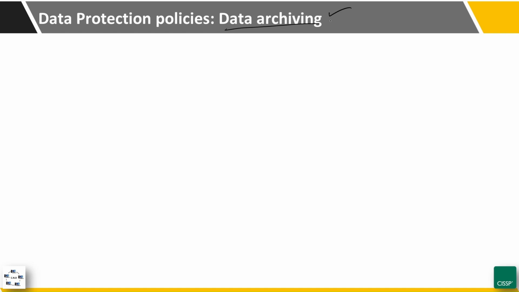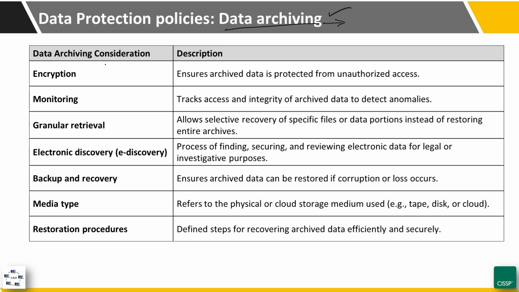Some regulation may require that you retain certain types of data for a specific number of years, for example, 3 years or 5 years. But if your organization no longer actively needs this data, then it is stored, or you can say archived, but not used or accessed frequently. This type of storage is sometimes also known as cold storage.